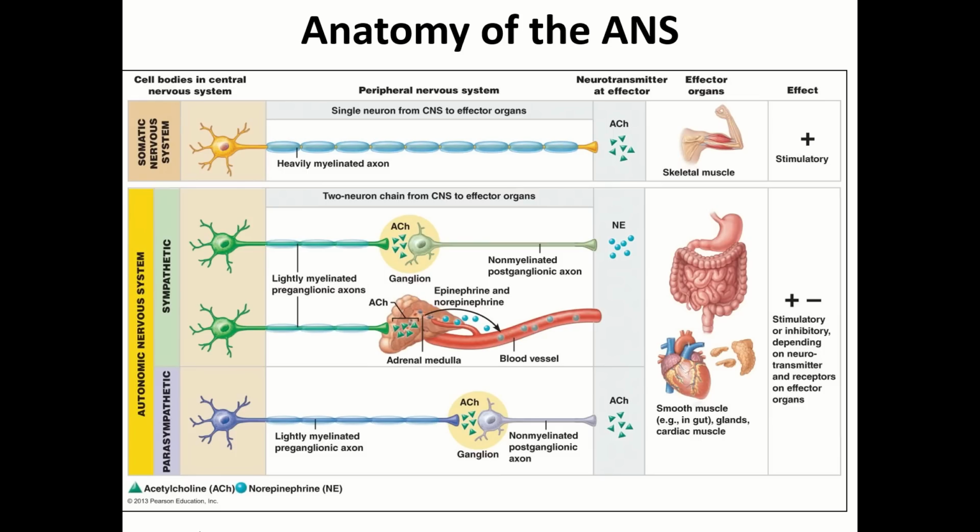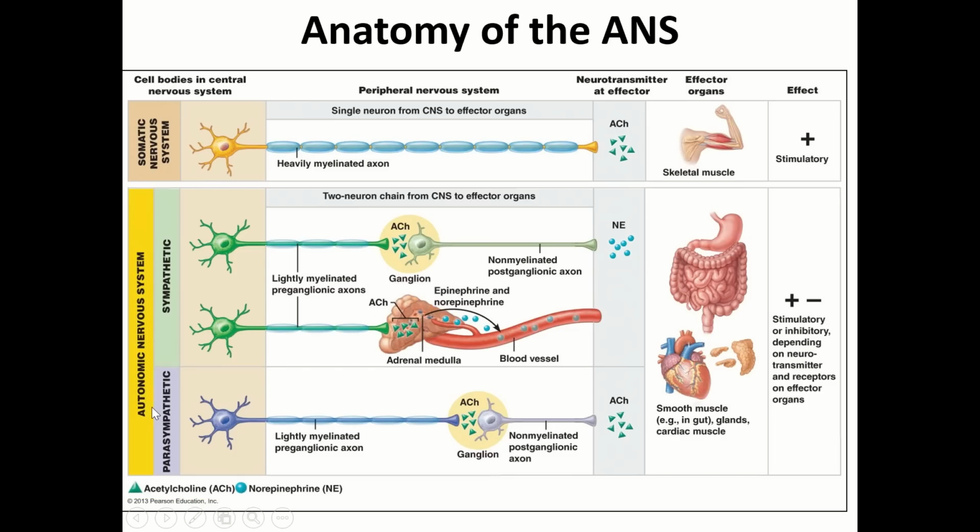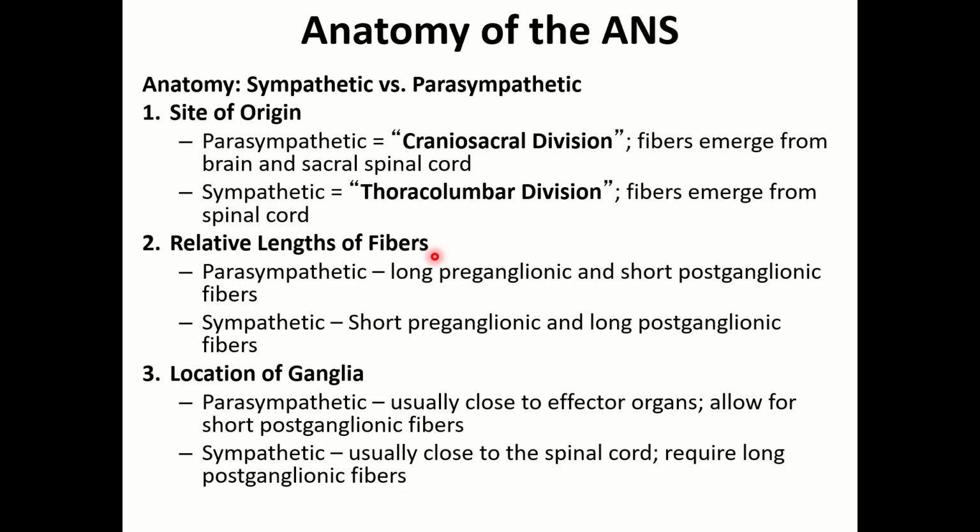These are going to have either preganglionic and postganglionic neurons of equal length, or you're going to see that those preganglionic neurons are slightly shorter than the postganglionic neurons. Let's focus on this top region. Of course, you can see there's still a ganglion between the two of them. And so right over here, you see that the location of the ganglion with sympathetic neurons is usually very close to the spinal cord.